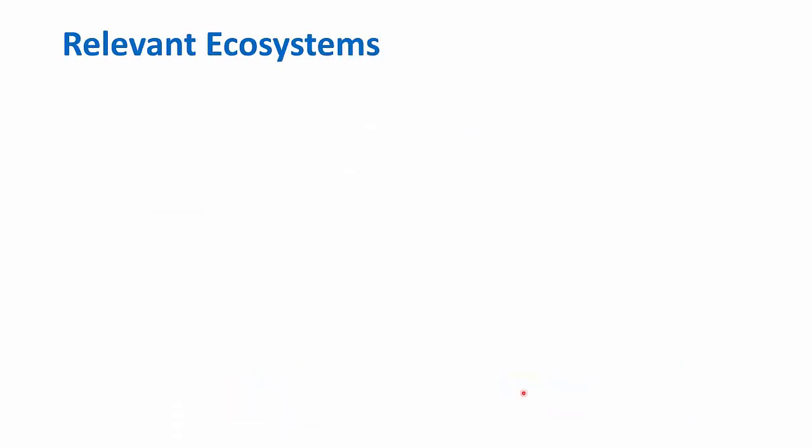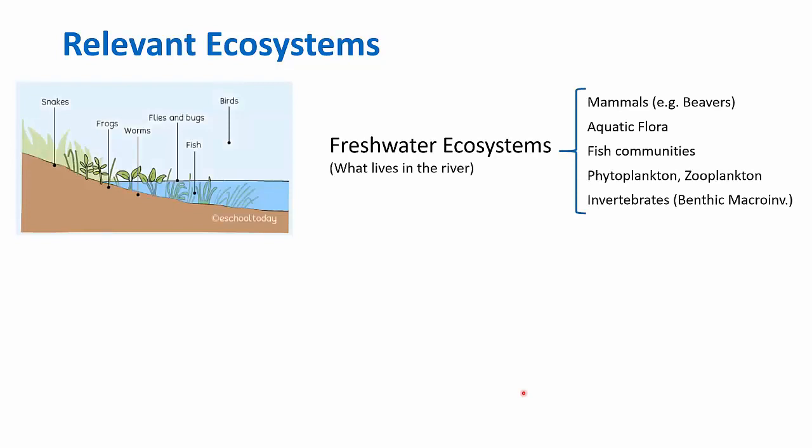So, to be more specific, a lot of times we refer this to the environment. So we are trying to protect the environment. When we are referring to the environment, what specific group of things are we referring to? Those are freshwater ecosystems.